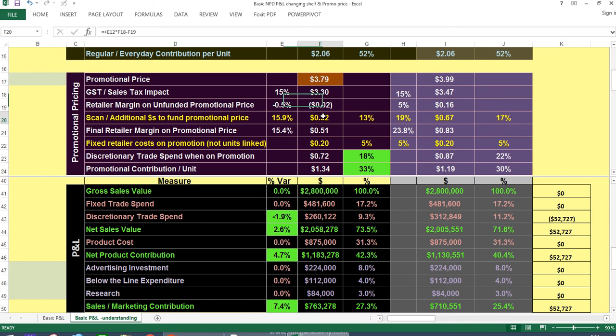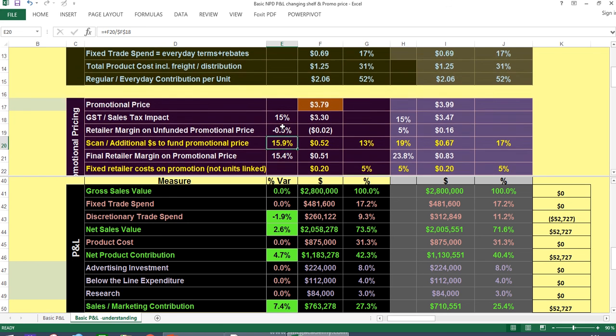So we need to fund less, and therefore our discretionary trade spend structure is now 18% versus 22%. We were giving 67 cents in support earlier. Now we just need to give 52 cents. And the net sales value goes up. So you can see it's negative $52,000 on trade spend, and that just cascades all the way down into your P&L to deliver 7.4% more dollars versus what was happening originally.